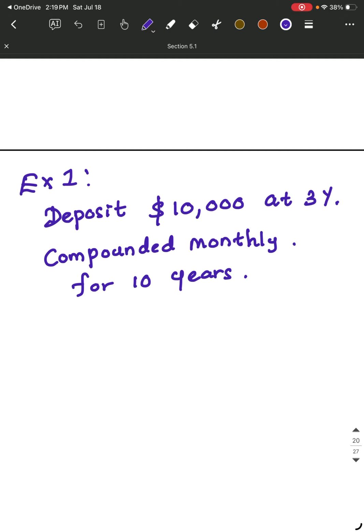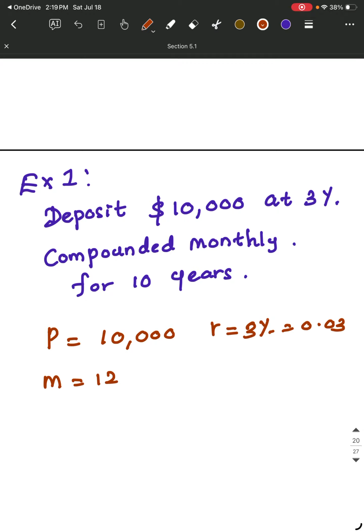So then let's identify each quantity we discussed earlier. The principal amount is the original amount $10,000, the annual interest rate is 3%, that means 0.03. Compounded monthly, therefore M equals 12. Time T equals 10 in years.